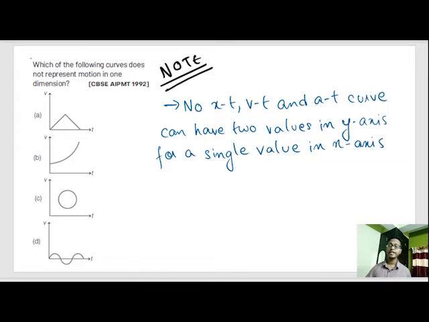That means any vertical line in the graph should not cross between two points on the curve.